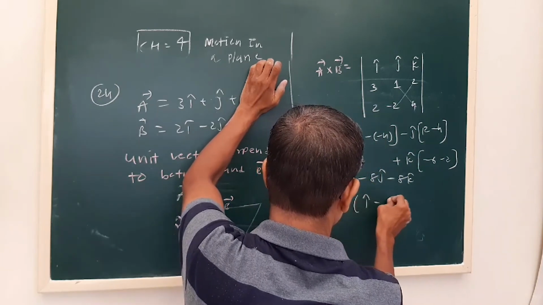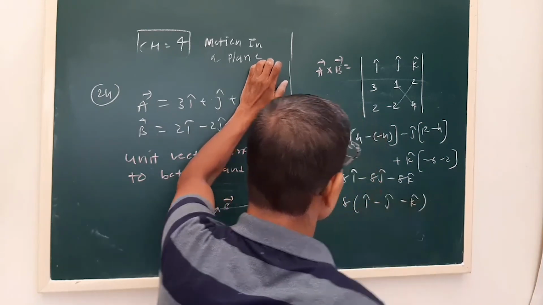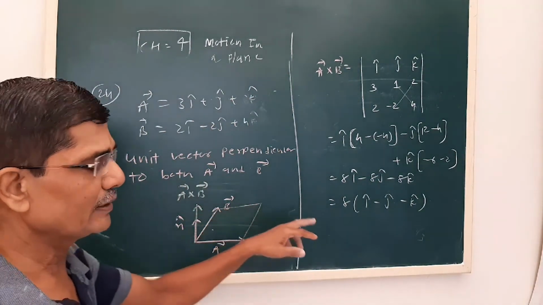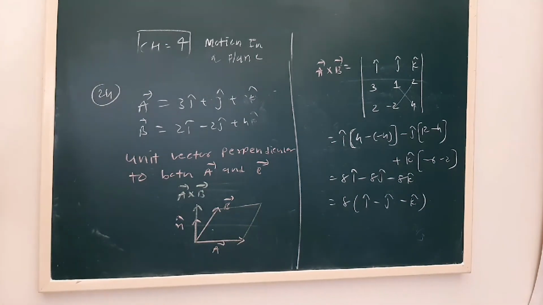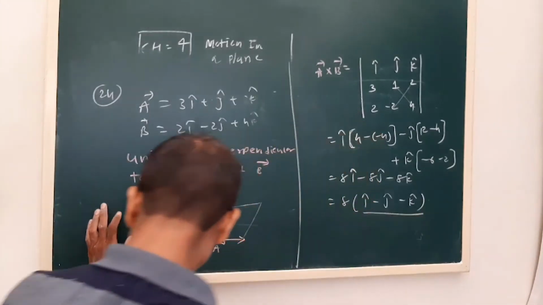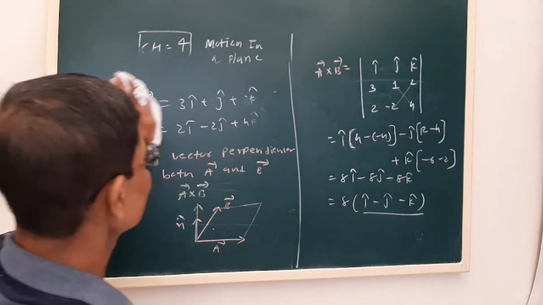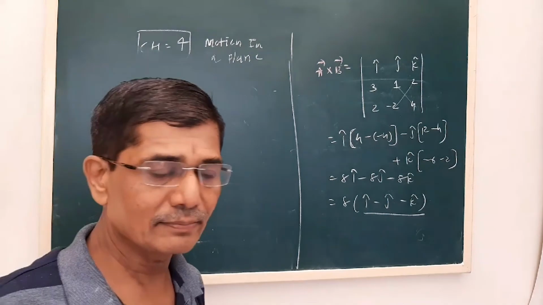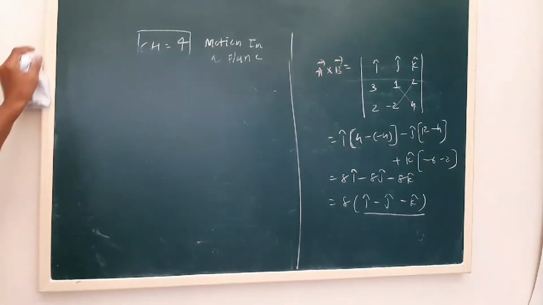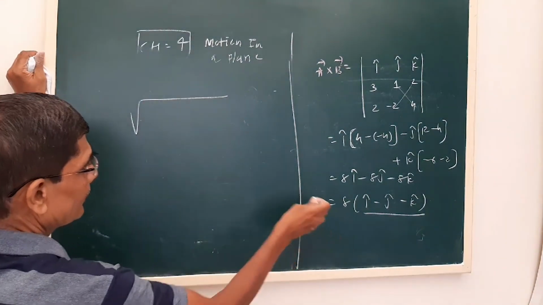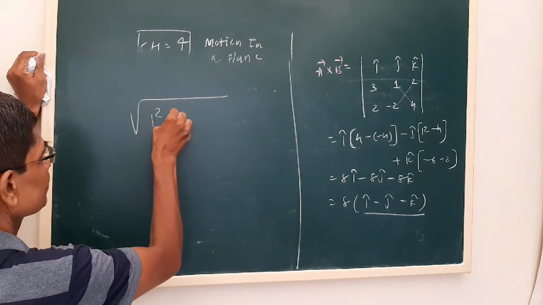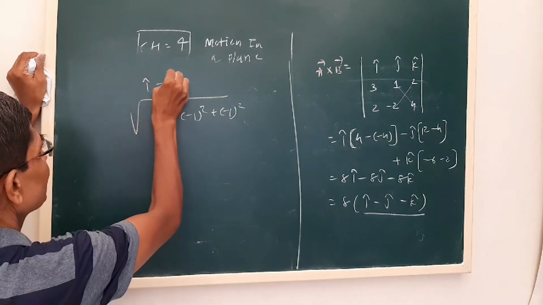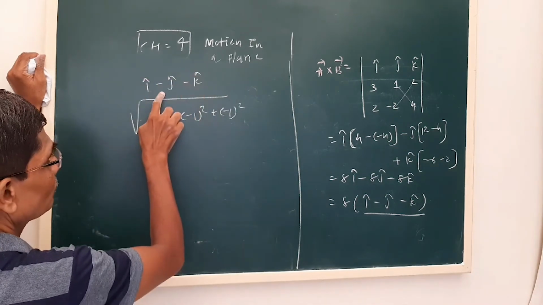This we can call the vector product of A and B. And what is the unit vector of this? See, how do we get a unit vector of a given vector? Dividing a vector by its magnitude, we get a unit vector. So here the magnitude of i minus j minus k, the coefficient is minus 1 here.